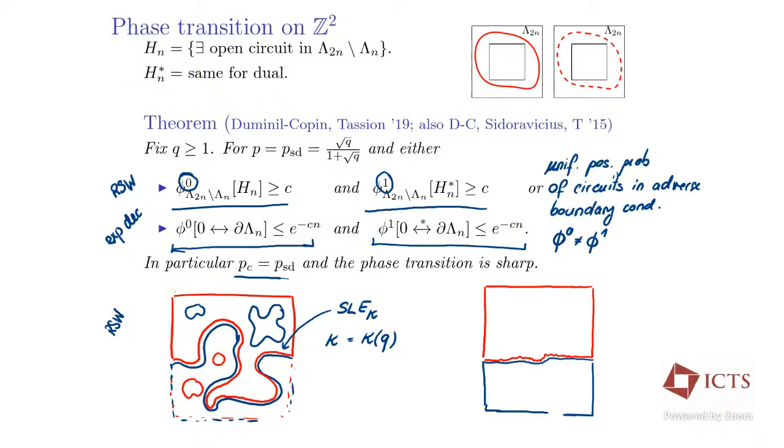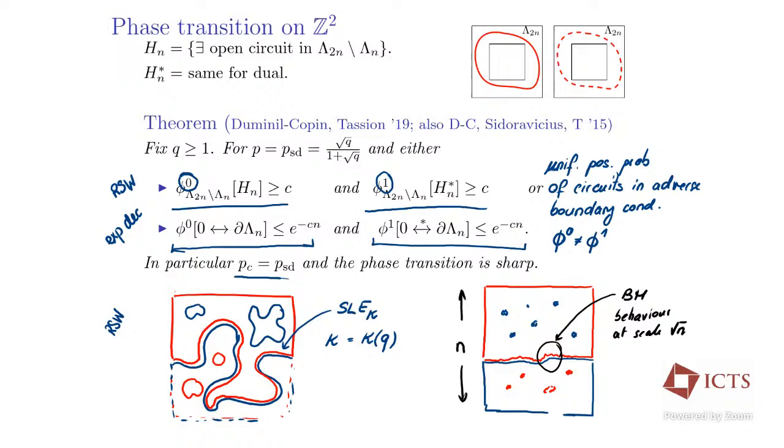The top part will behave like a supercritical measure. So it will have very small pieces of blue, of dual. And the bottom will have very small pieces of red, like this. And if you're really into it, you can look at this interface and notice that it has a Brownian motion-like behavior at scale square root n, where n is the diameter of your box.